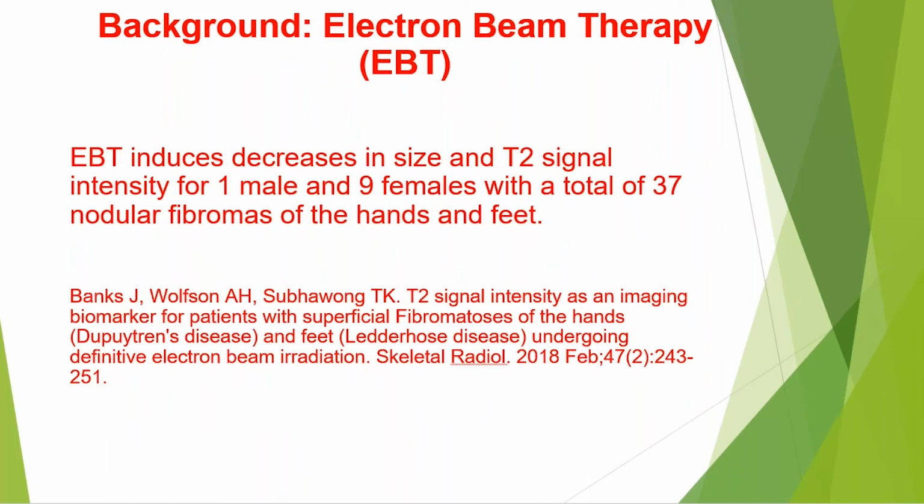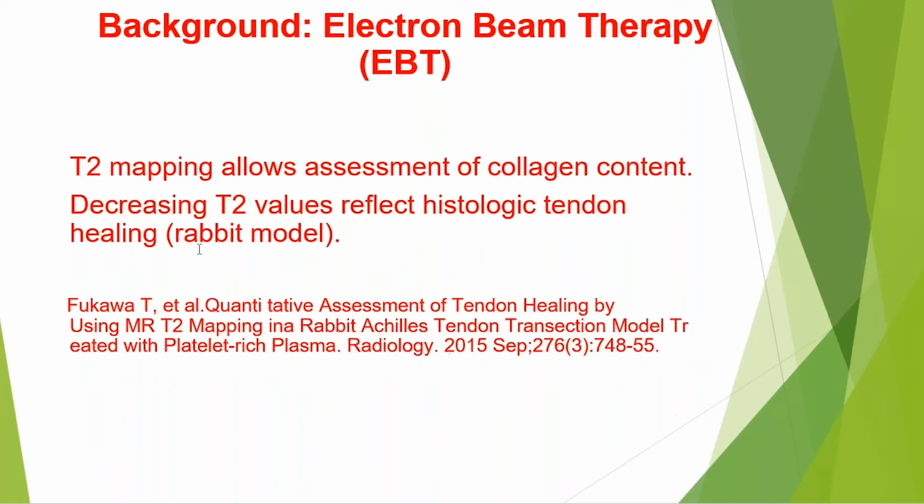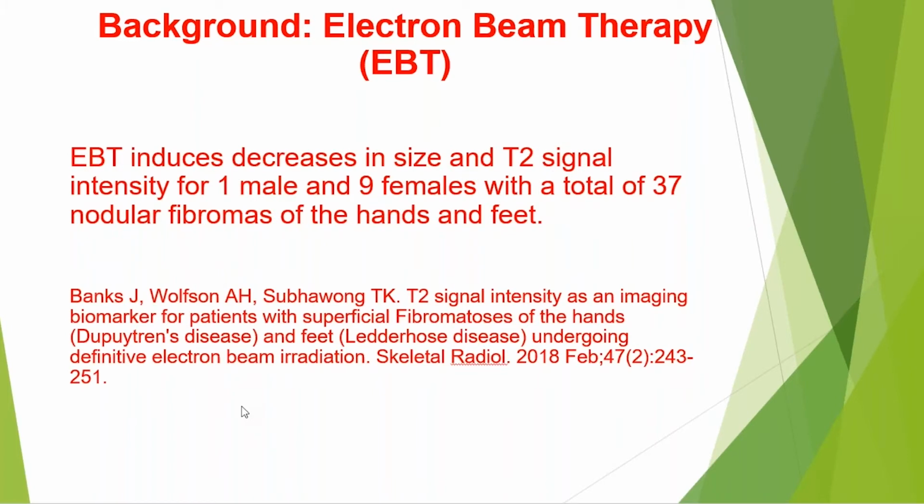We have published previously in 2018 in Skeletal Radiology our initial University of Miami experience that demonstrated the value of T2-weighted MR imaging in the treatment of patients with Ledderhose as well as Dupuytren's disease. In particular, our 10 patients had 37 nodules, and all patients were treated using Dr. Sagenschmidt's Essen experience of the split course electron beam therapy, usually involving 6 to 9 MeV.